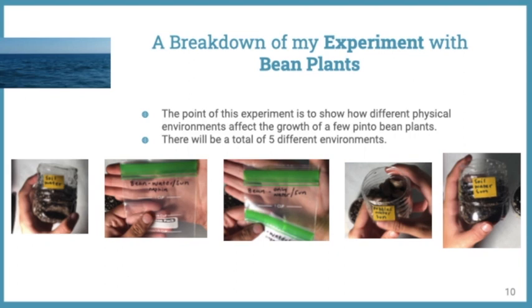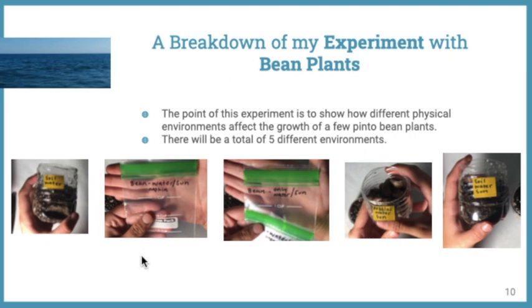So, a breakdown of my experiment with bean plants. The point of this experiment is to show how different physical environments affect the growth of different pinto bean plants. There will be a total of 5 different environments. The first will be a bean placed into soil and water with no direct sunlight.